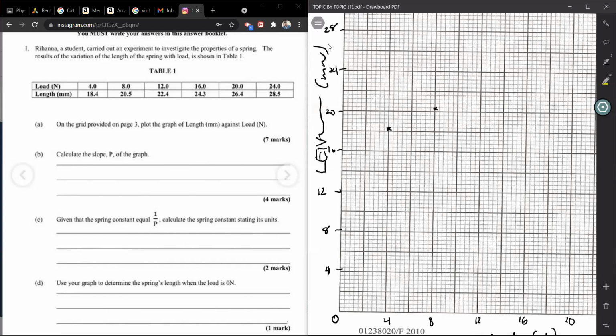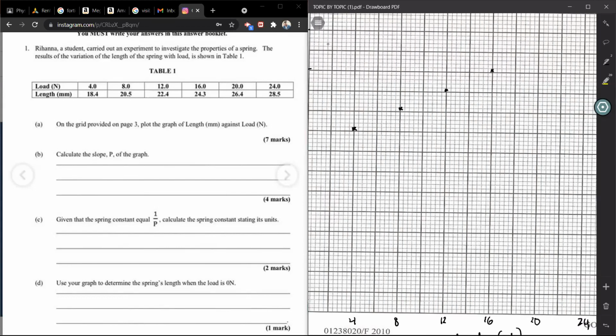This is 22. Next, 24.3. It's my estimations for me. 26.4.